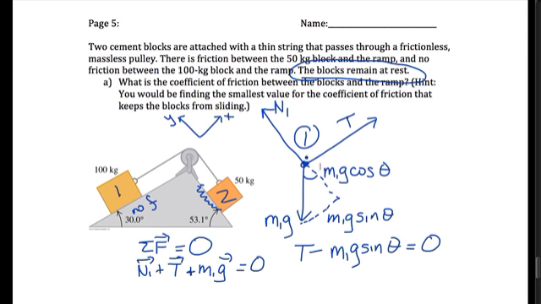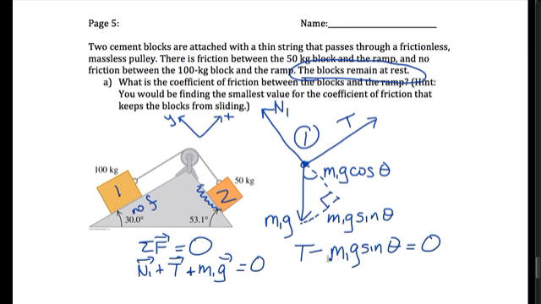Normal force is perpendicular to x, so it has a value of 0. T points up the ramp. M1G sine theta, just that component, this is a right angle, that points down the ramp in our negative x direction. Okay, so here's one piece of information that allows you to solve the problem.